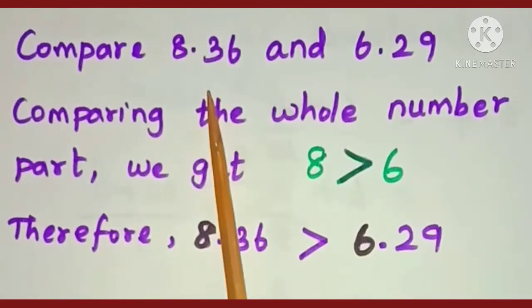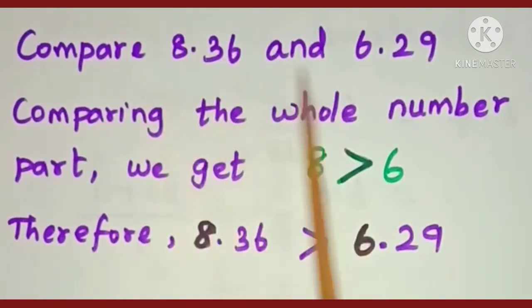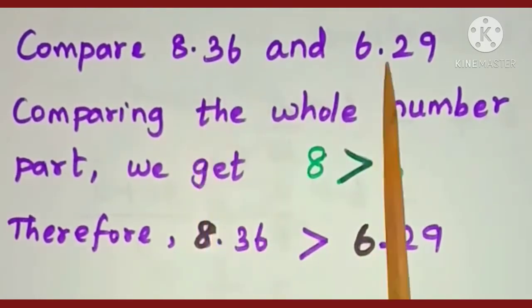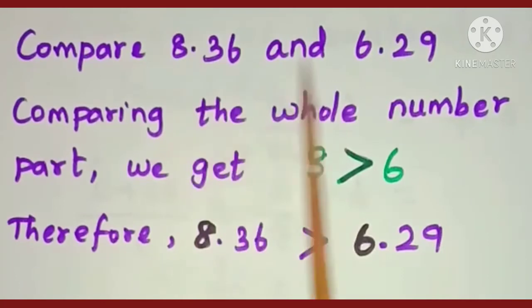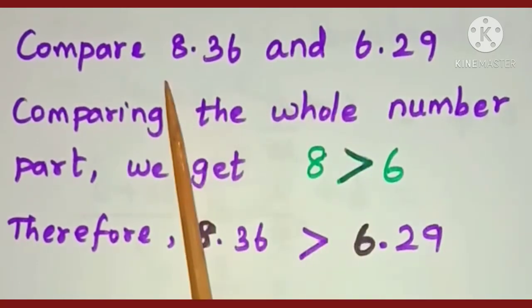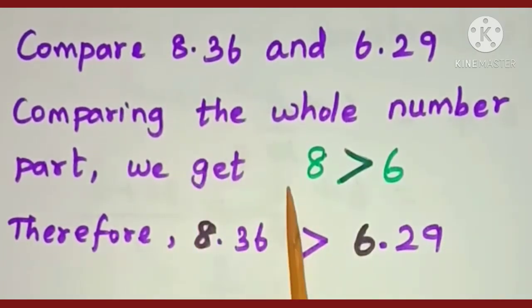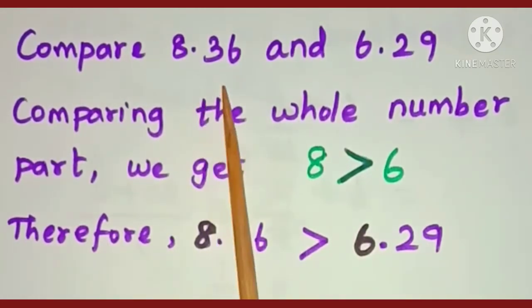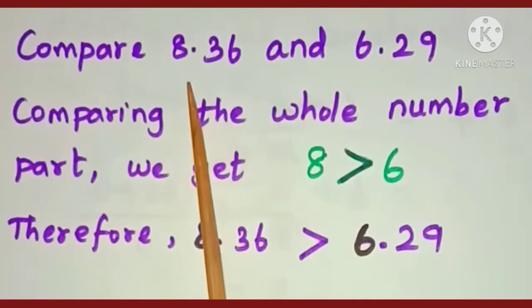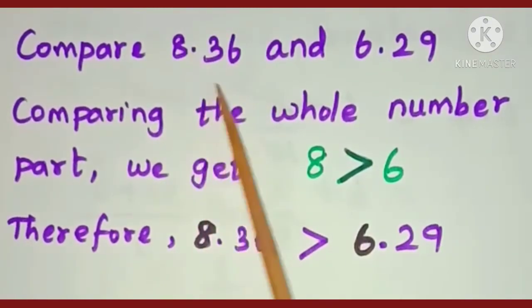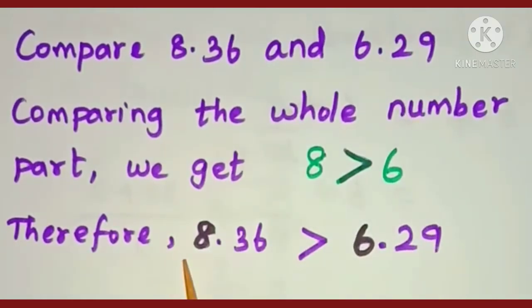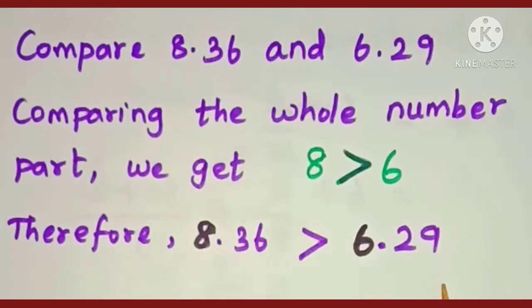So, as a first step, compare the whole part of the given decimal numbers. So, here it is 8 and here it is 6. So, which is greater? We know that 8 is greater than 6. Therefore, if the whole part 8 is greater than 6, then we can say that this decimal number is greater than the second decimal number. So, therefore, 8.36 is greater than 6.29.